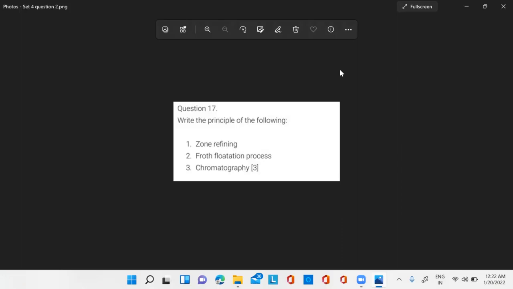In this technique, basically, we use the principle of difference in the adsorbing capacities of a metal and its impurities on a suitable adsorbent. This technique is based on the principle that different components of a mixture are differently adsorbed on an adsorbent.